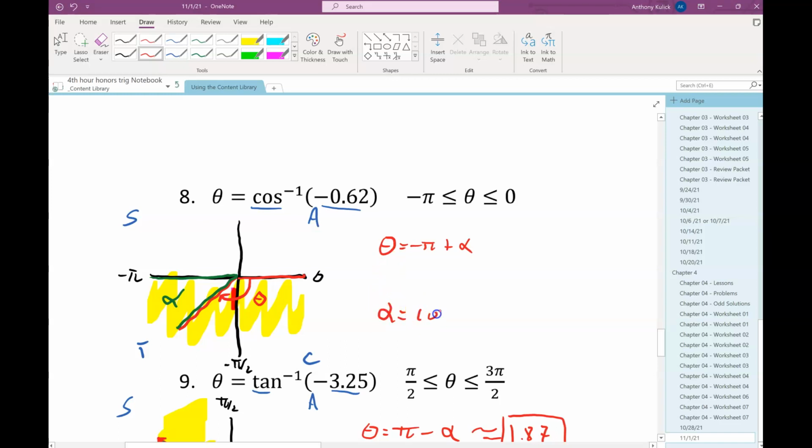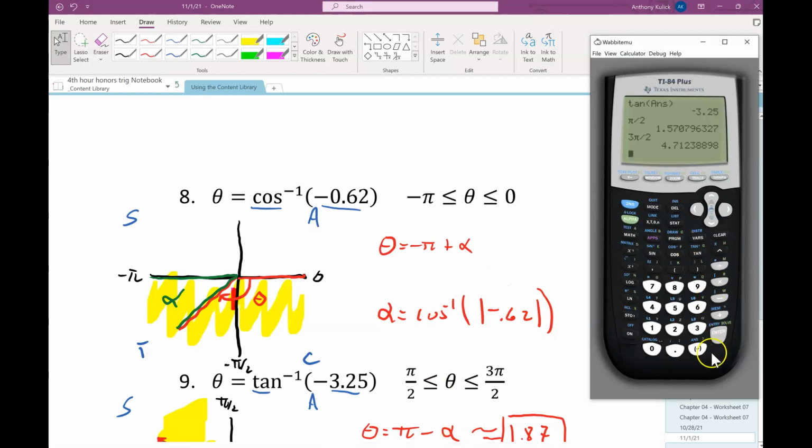Where alpha is cosine inverse of the absolute value of negative 0.62. So negative pi plus cosine inverse 0.62. I did the absolute value in my head, just FYI.